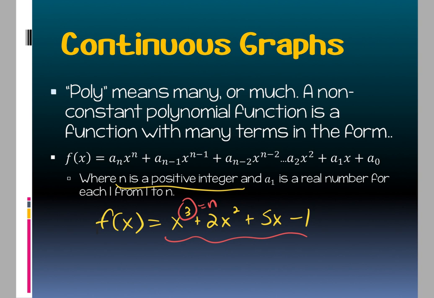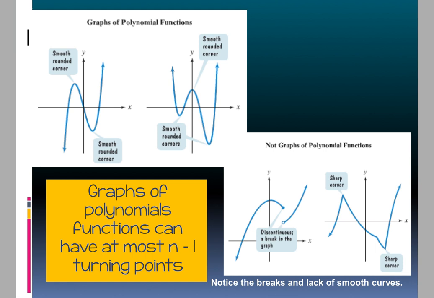But again, these are continuous graphs. That means that they are one solid line. It can go up, it can go down, it can come up again however many times, but it is one fluid line, which means there are no piecewise functions in here. There's no sharp edges. On the left are what they could look like, and on the right is what they cannot look like.